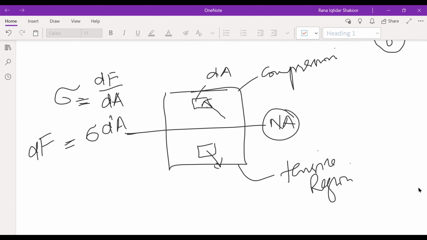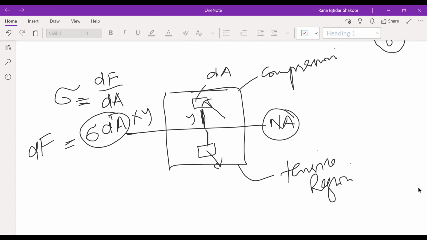Since they are equal and opposite, they will cancel out each other. But if there is some distance over here and distance over here, that maybe you can say y, so this will be the moment, right? So moment will be force, this one, multiplied by y. This will be the small amount of the moment that is being added on this one.